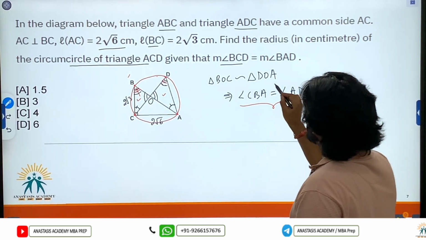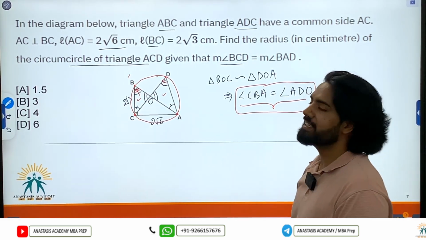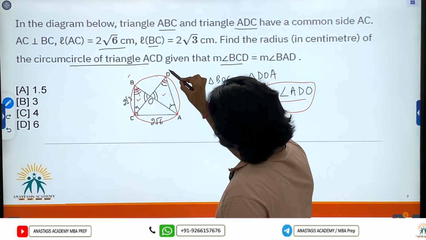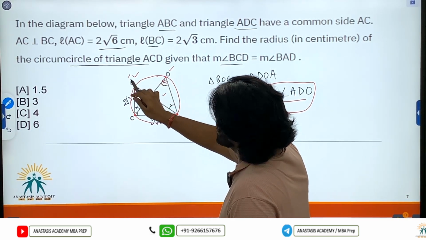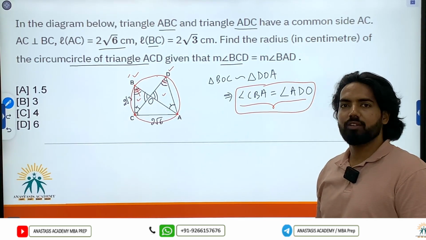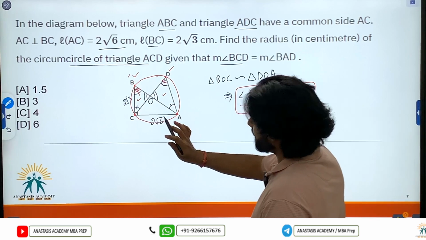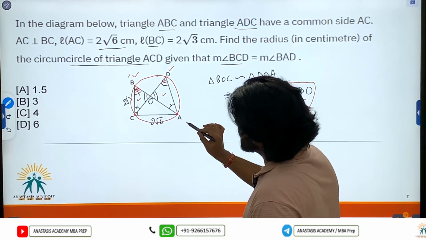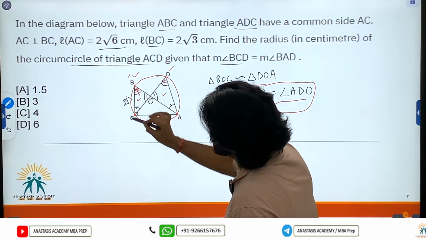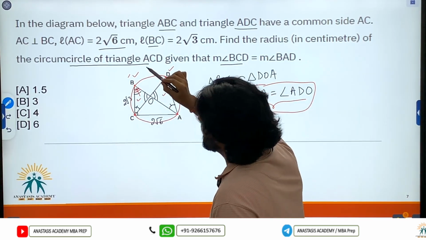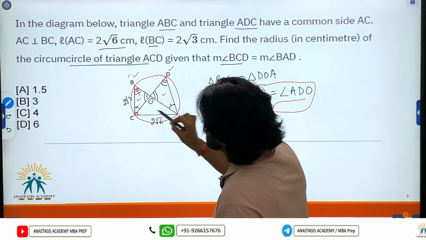If these two angles are equal, then vertices B and D must be lying on the circumference of the same circle. So the circumcircle of triangle ADC would also be the circumcircle of triangle ABC.